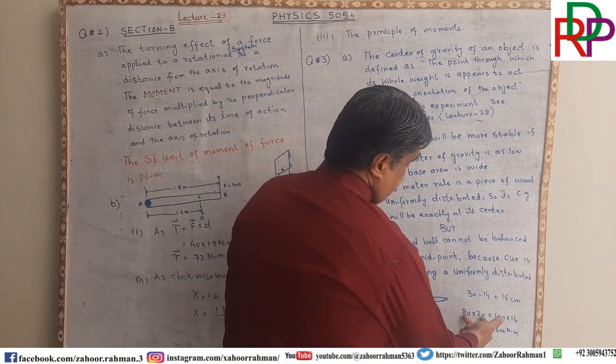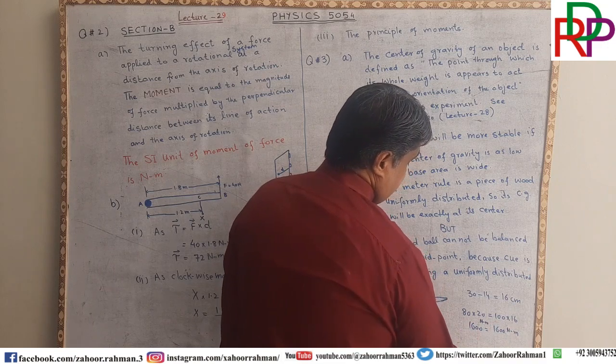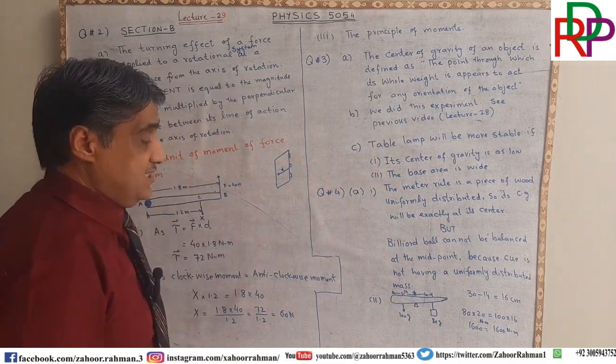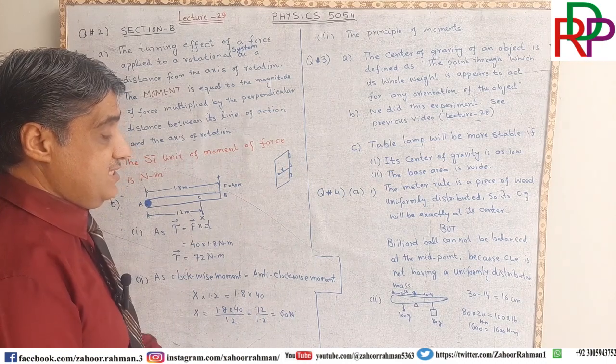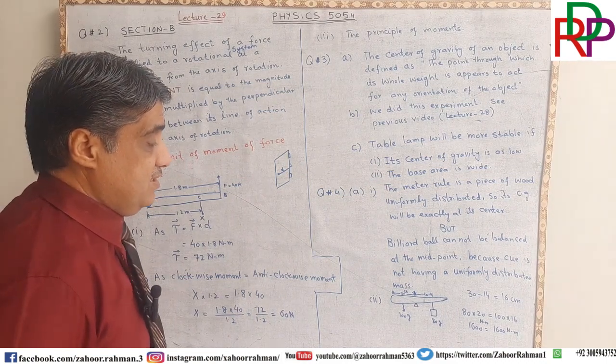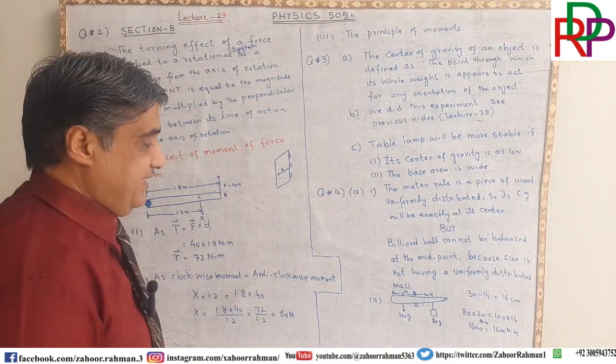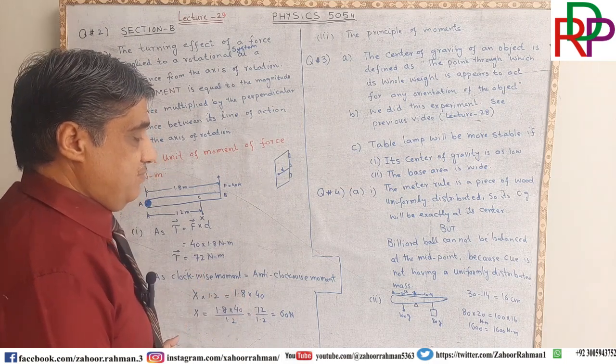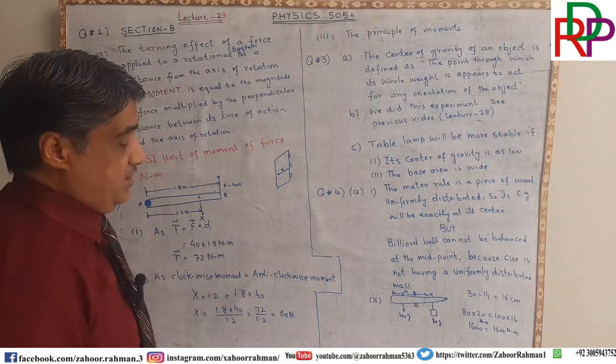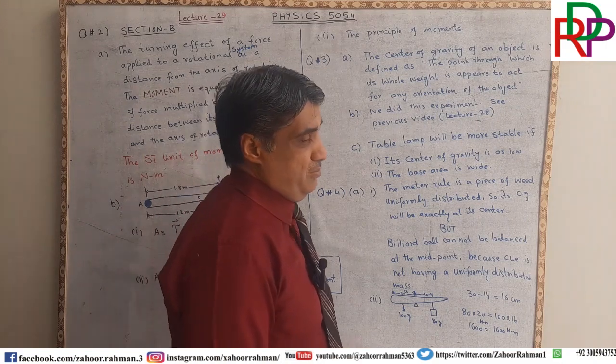If we multiply both sides, it will give you 1600 Newton meter and 1600 Newton meter, which clearly indicates that the clockwise moment is equal to the anti-clockwise moment.